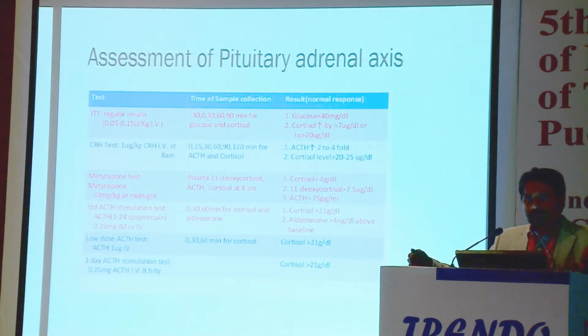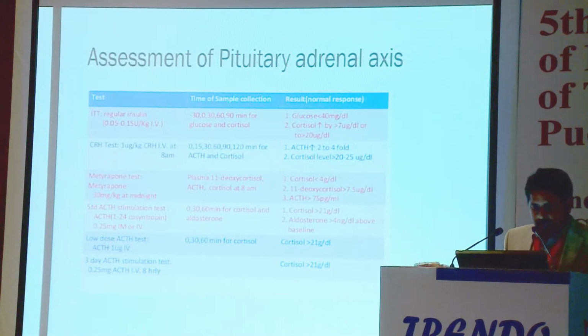So after you give metyrapone, the cortisol level comes down and the ACTH level goes up. When you fail to find a rise in ACTH after metyrapone, you can fairly assume that the pituitary is not functioning properly. Still, all these are not available in all centers for routine use.